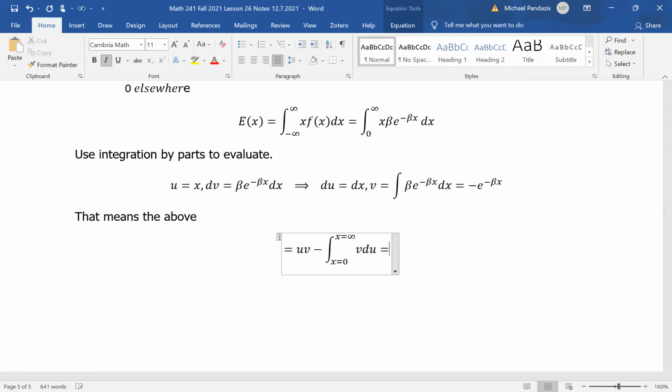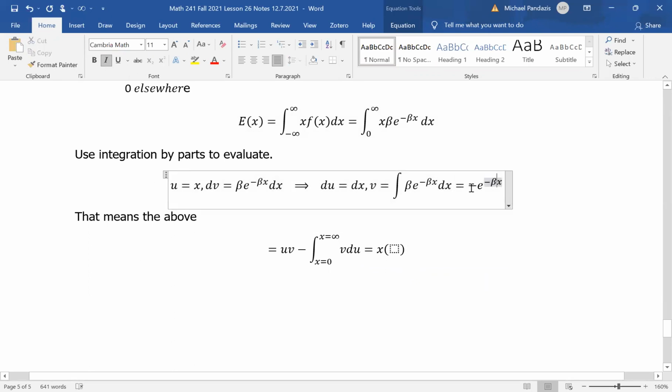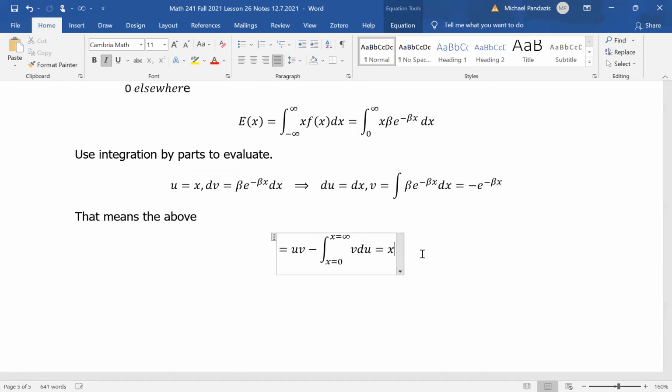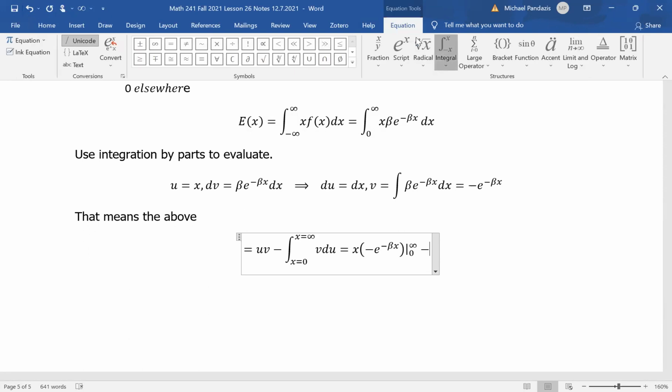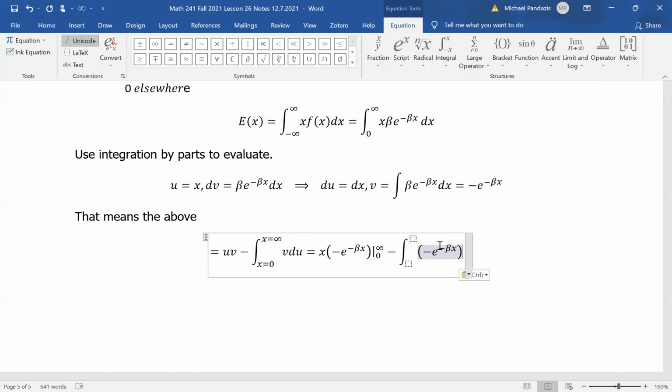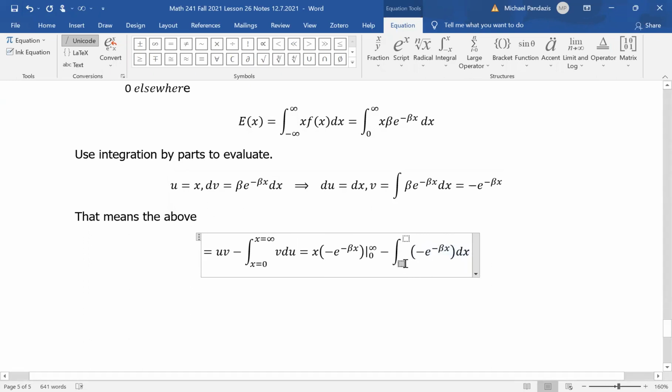Now this is equal to u, which is x, times v, which is this, evaluated from x is 0 to x is infinity, minus the integral of v, which is this, du, dx.